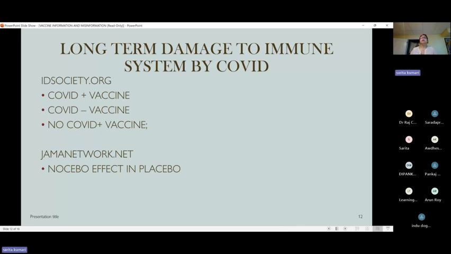The other important part is related to side effects of vaccine. I just added here, this was published in JAMA, which is an internal medicine journal. I think everyone knows what placebo effect is. In other words, if a company is doing some research with two groups of patients, they give medication. One is actual medication, another is kind of a sugar pill.